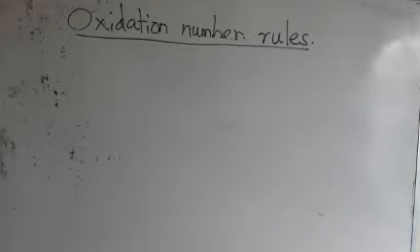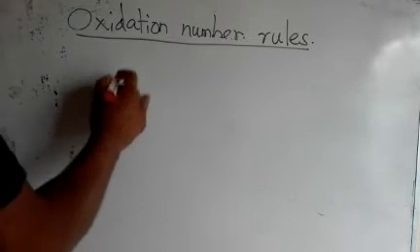Now we are going to discuss the next part, oxidation number rules. I'll go according to the book. The first rule says that the oxidation number of any uncombined element is 0. That has to be remembered. Any element in its normal natural state.